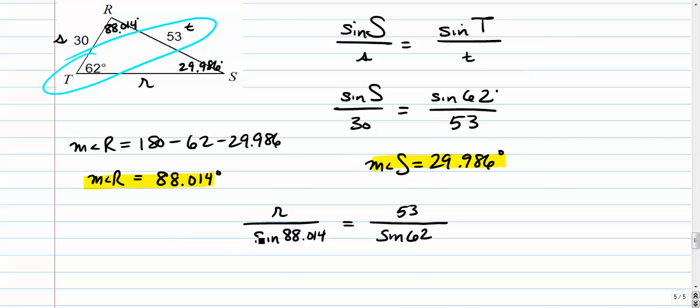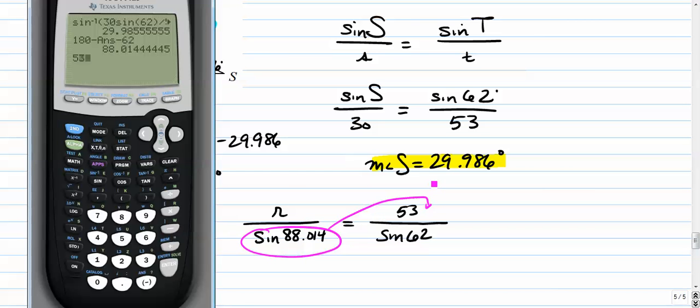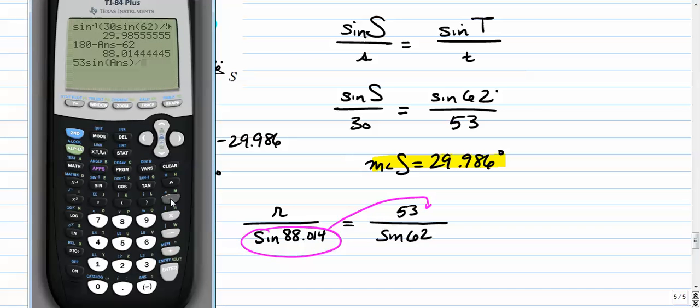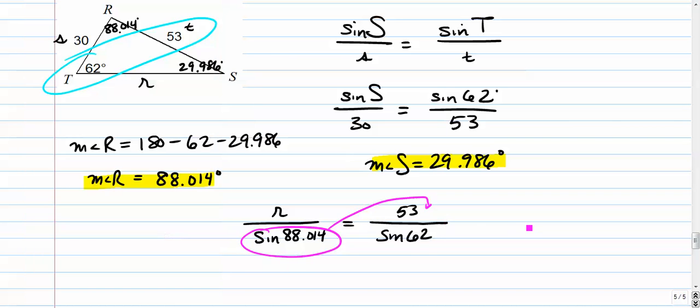All right, so now we're just going to take this sine of 88 and bring it up here. So in our calculators we hit 53 times the sine of that answer divided by sine of 62. 59.990. So r is equal to 59.990. We don't need a 0, so I'll leave it off.